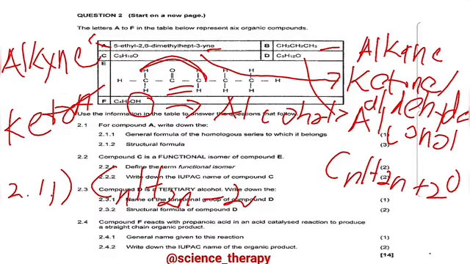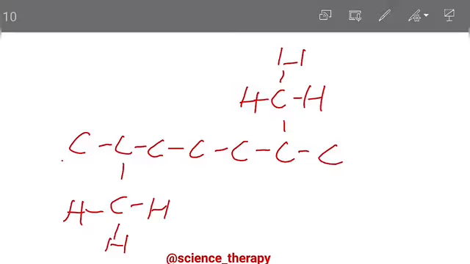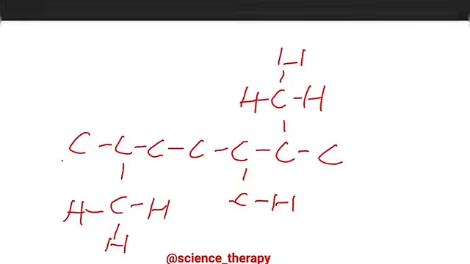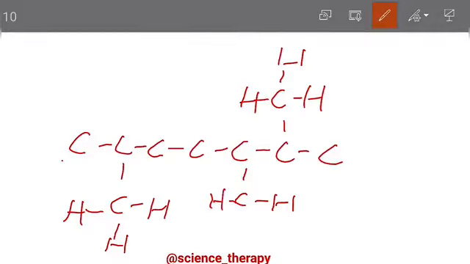Then we have 5, so an ethyl group in carbon number 5. So this will be our carbon number 5, our ethyl.